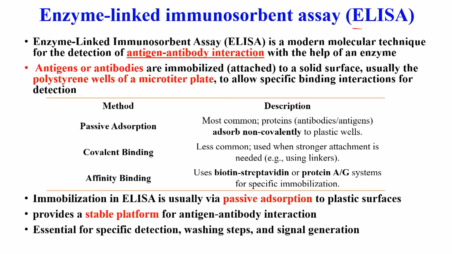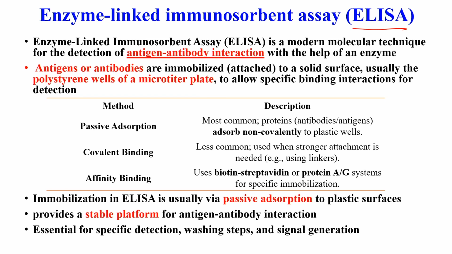And many times we have seen these glucometers are reused for n number of cycles as enzymes are immobilized on the surface. One other very good example is ELISA, that is enzyme linked immunosorbent assay.